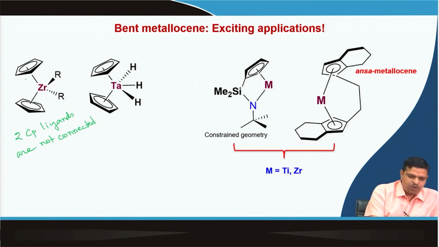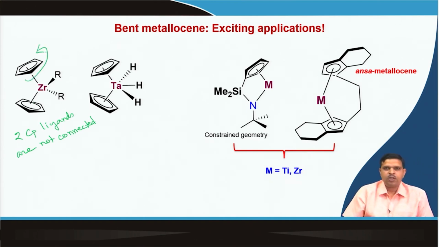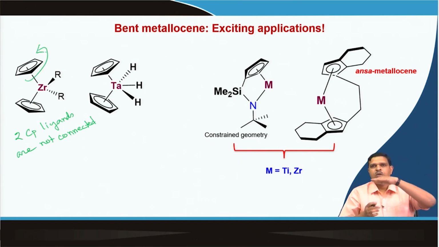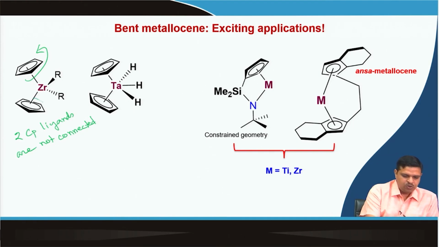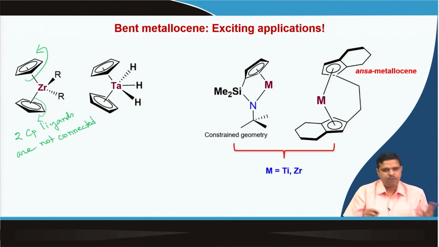This one will rotate, because these are free. As an example, it happens for ferrocene. You will get the eclipsed and staggered, and the barrier energy is very small, 4 to 5 kilojoule per mole. Similarly, this will also rotate because these are free.